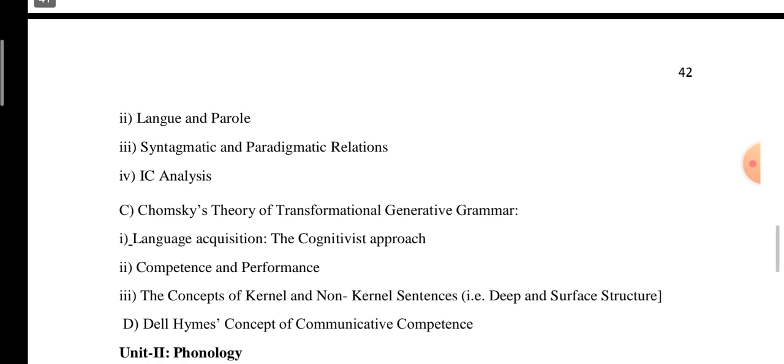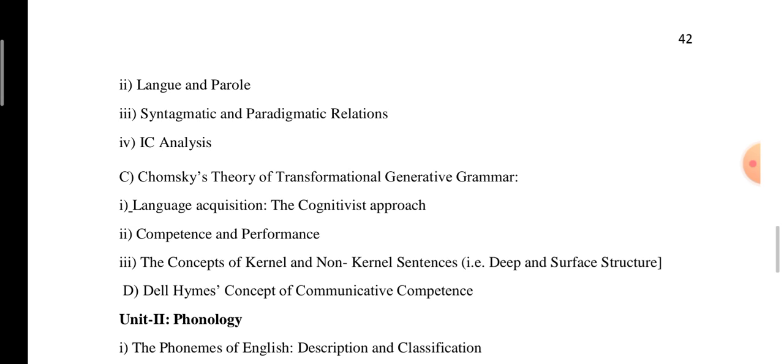Third, Chomsky's theory of transformational generative grammar, with his views about language acquisition, the cognitive approach, competence and performance, and the concepts of kernel and non-kernel sentences. The fourth theory is Dell Hymes's concept of communicative competence.